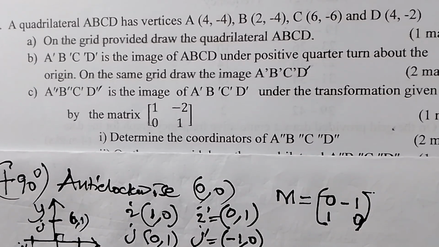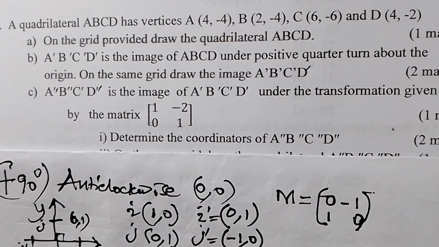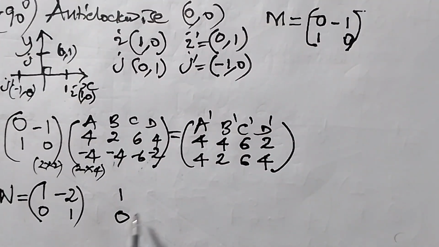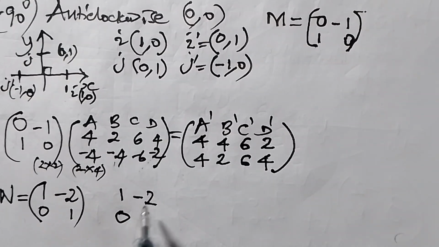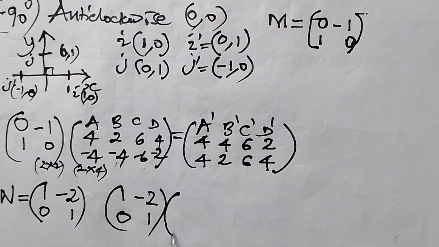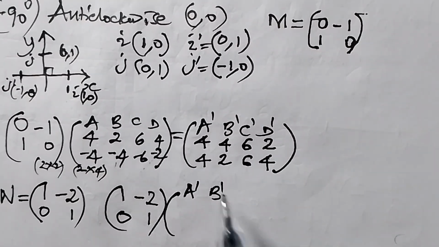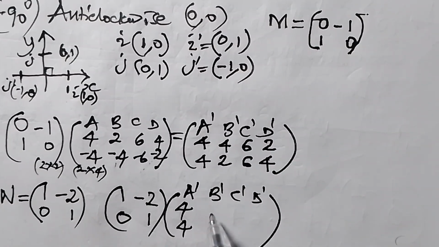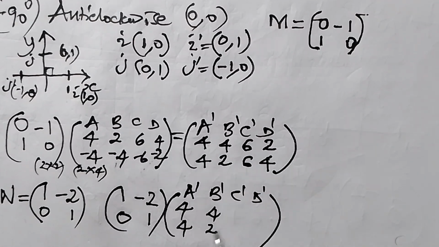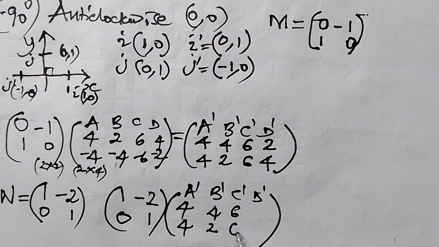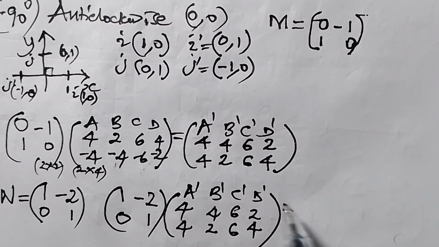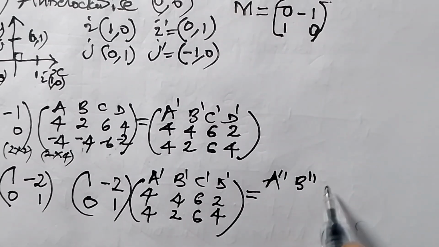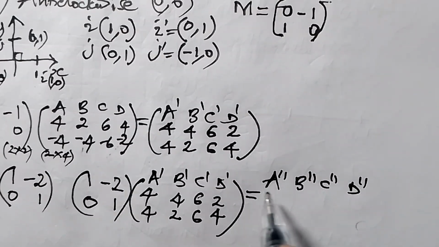So this means we take 1, 0, negative 2, 1 multiplied by the points A1, B1, C1, D1, 4, 4, 4, 2, 6, 6, 2, 4 to give us the new points A2, B2, C2, D2, like that.